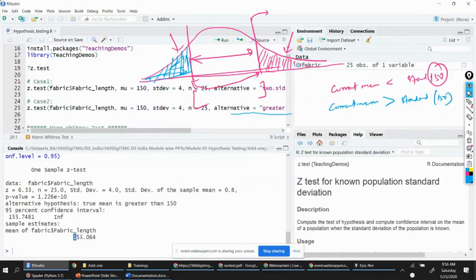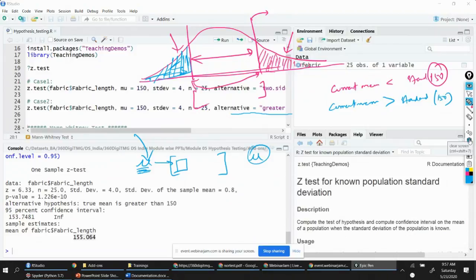This is your current mean, point estimate. And the confidence interval that you get will have a lower limit and upper limit. I'm seeing whether your mu is falling this side or this side. And the alternative hypothesis is this. You are saying this, right? So it is verifying only for this. So the lower limit is calculated and seeing whether this is less than this value or greater than that value. So we found that 150 is less than this. The current mean is greater than 150.